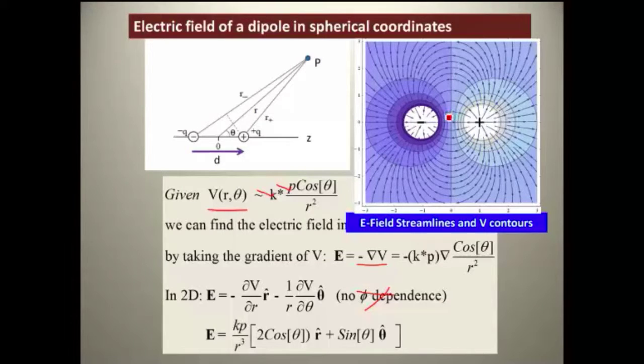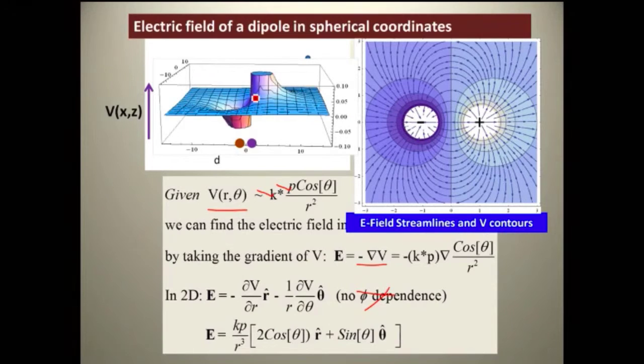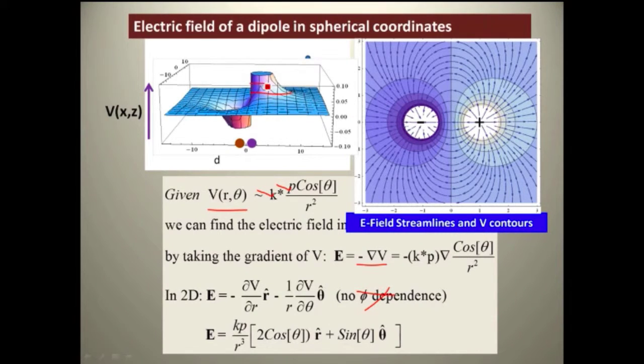So as you go towards the negative charge, these circles become colored darker and darker, and what that means is it's going negative. You're going to negative values of the potential. Over here it's getting lighter in color, and what that corresponds to is that the potential is increasing. It's the same thing that you have here, where the contours are cuts at constant values of potential.